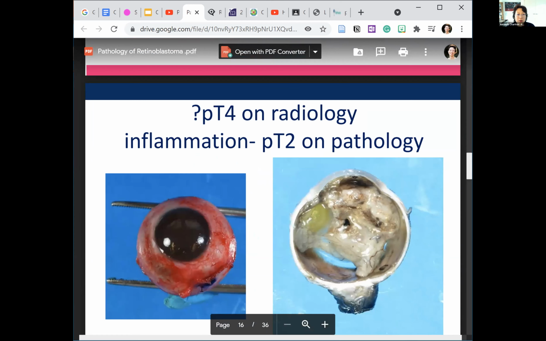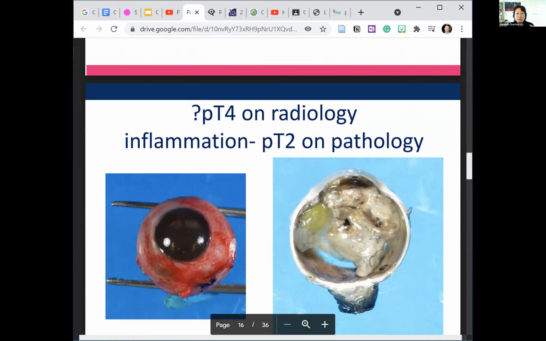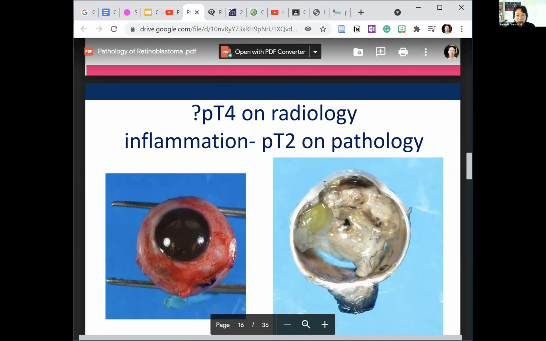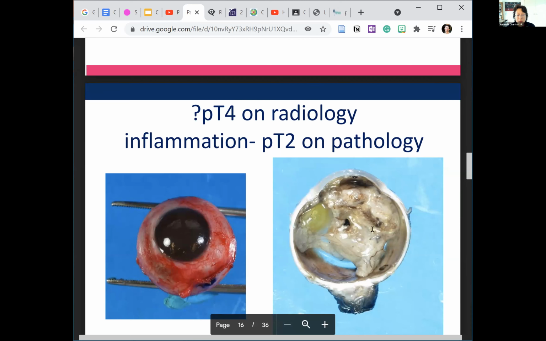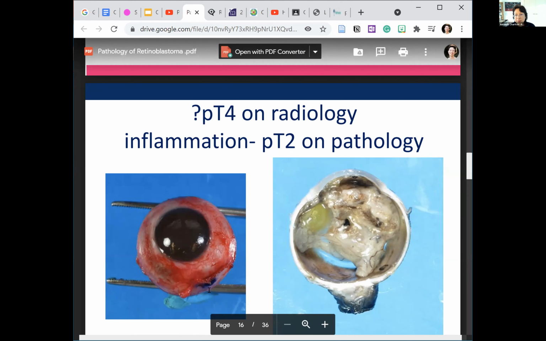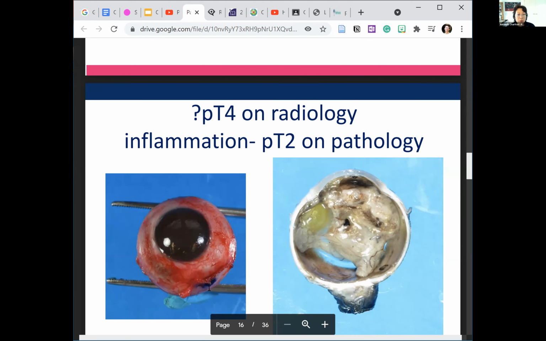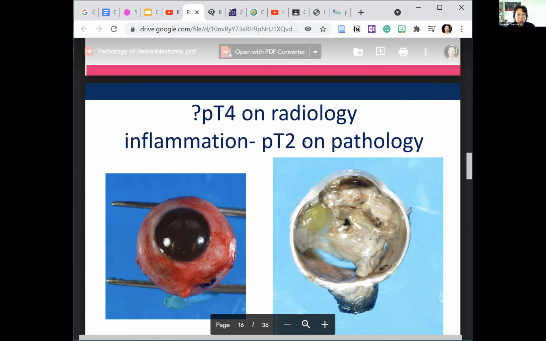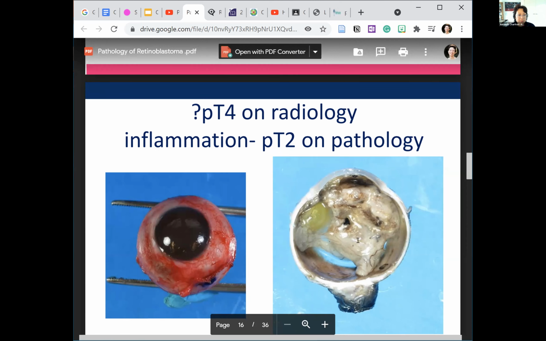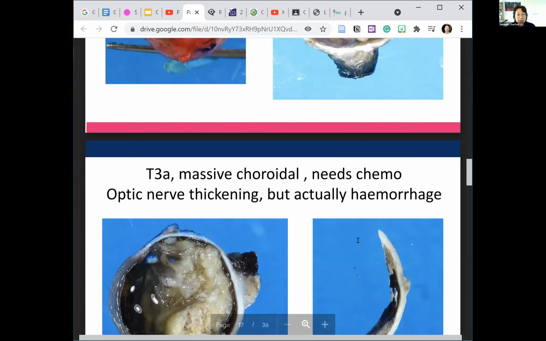There was a lot of dirty fat in the orbit, so there was a high suspicion that this had spread into the orbit. But actually no, on pathology it was confined to the globe, and there was a lot of inflammatory reaction around the outside in the orbit. So it wasn't a pT4, it was a pT2 confined to globe.